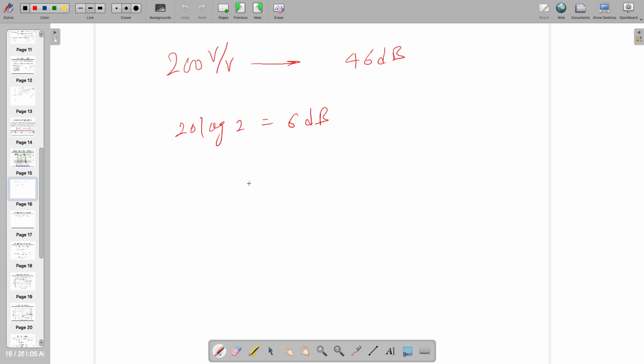If there is some voltage like 10 volt, I want to convert this 10 volt to decibel, then it's 20 log base 10 of 10, which is equal to 20 dBV. So that was just a correction. If there is a ratio, then it's decibel, it cannot be dBV.